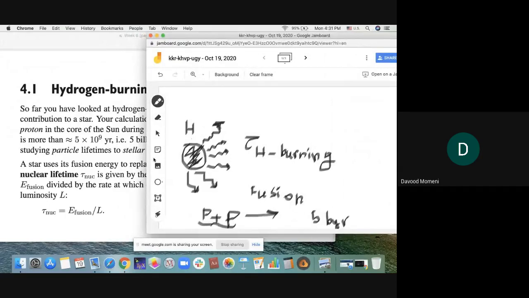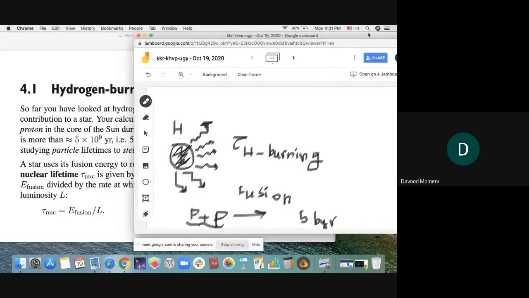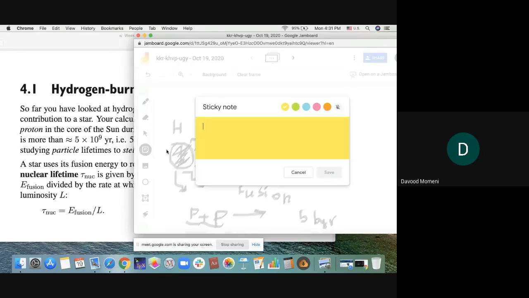So today we are going to talk about the stellar lifetime. So when will the burning of the hydrogen stop, how long will it take to stop that?